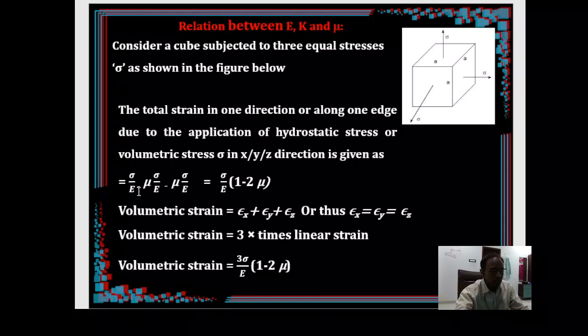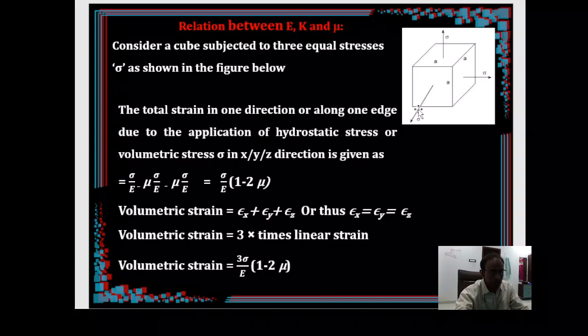So sigma by E, because of this stress we are calculating, that becomes your direct strain, the longitudinal strain, which is straight away sigma by E. And because of the other two stresses, the sigma acting in the y and z directions, these two stresses will cause lateral strain in this direction.